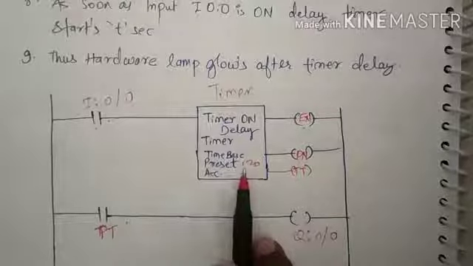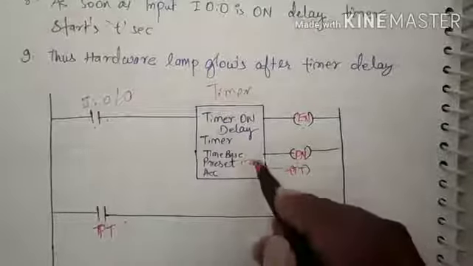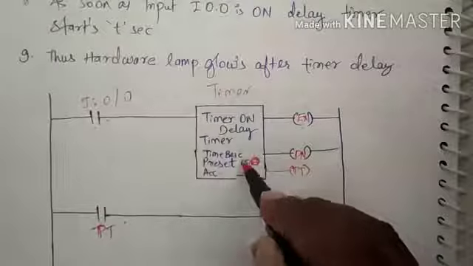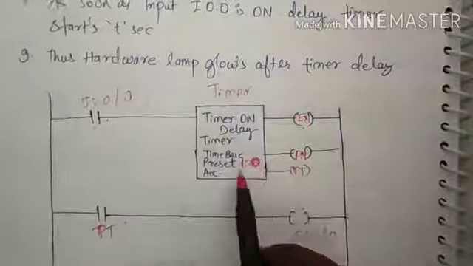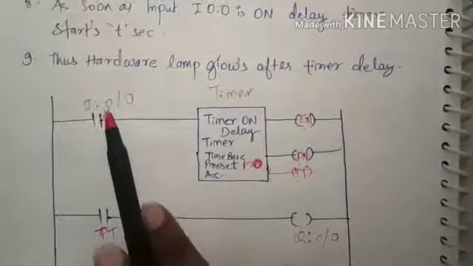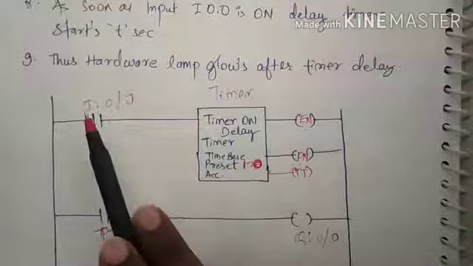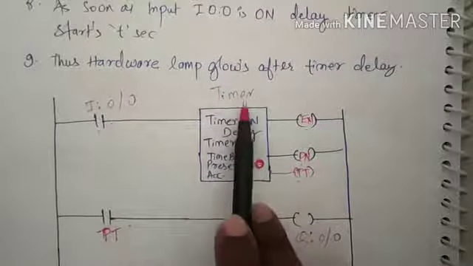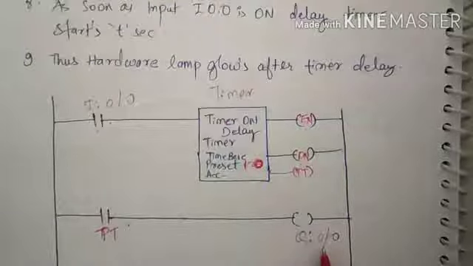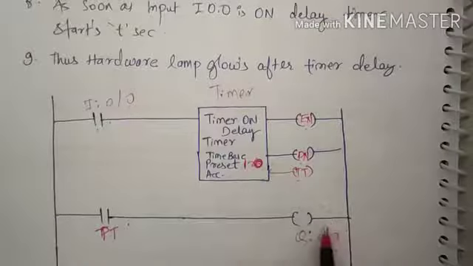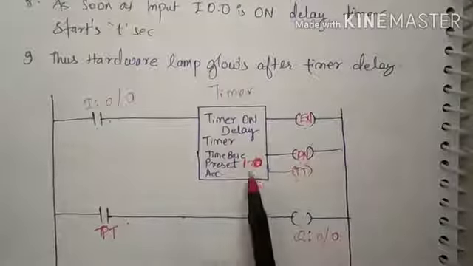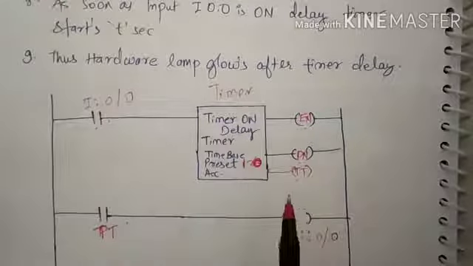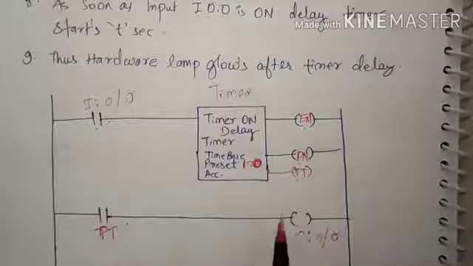I set a 10 seconds delay. If I press the push button, then after 10 seconds only the output will glow, which means it is delaying the on operation.